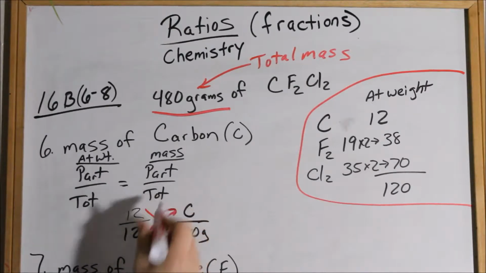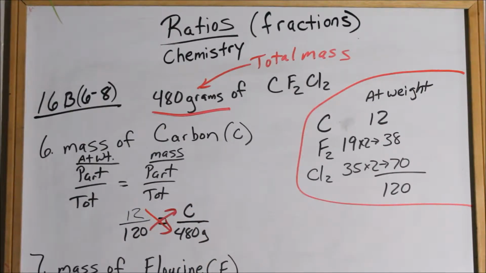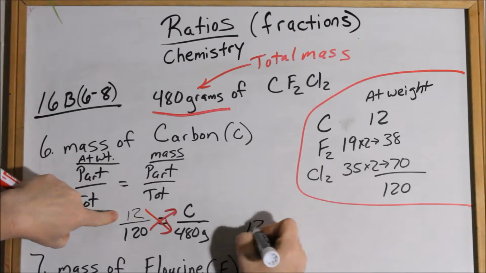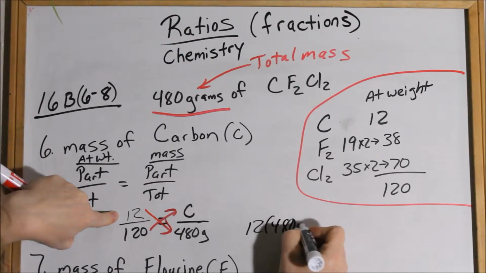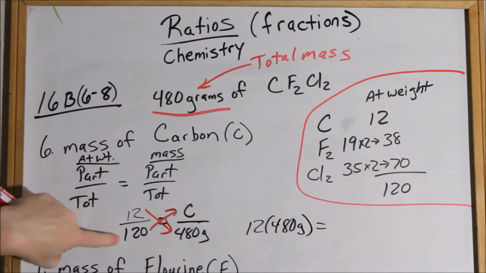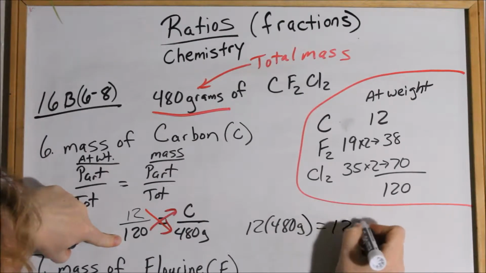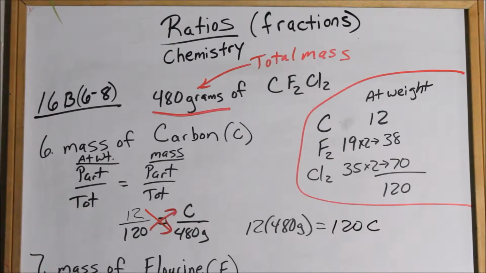Okay, now we have a fraction set equal to a fraction, so we can cross multiply to solve it. Using cross multiplication, we can do 12 times 480 grams on one side of the equal sign, and then 120 times C on the other side of the equal sign.